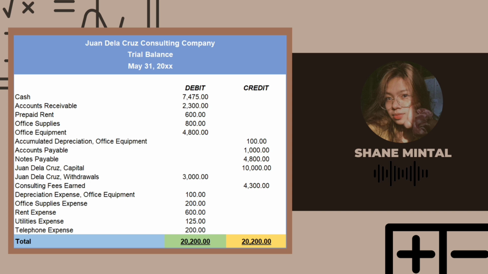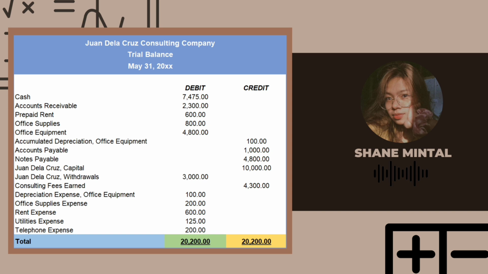On the other hand, our expenses include the depreciation expense for office equipment, office supplies expense, rent expense, utilities expense, and telephone expense, also with their amounts according to our general ledger. So we record an expense as a debit because it represents money going out of the business to pay for the cost.